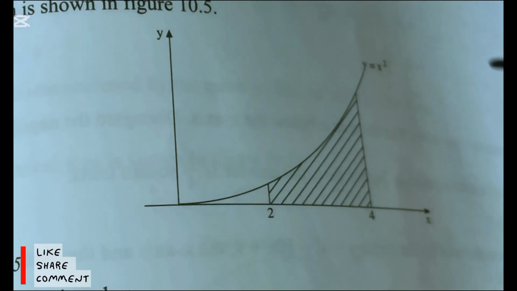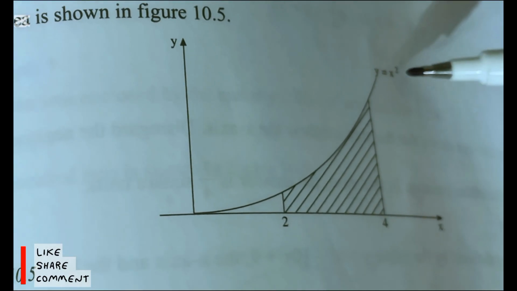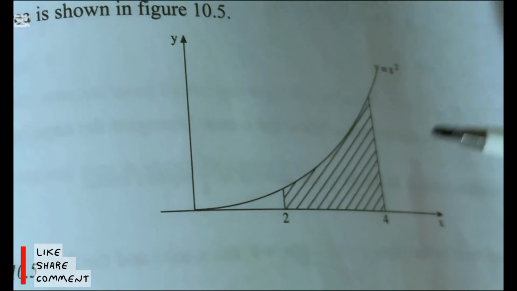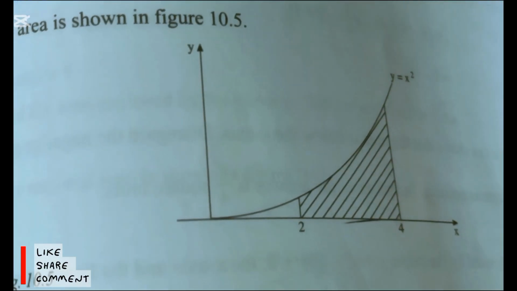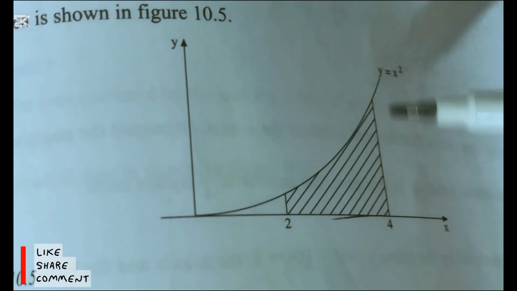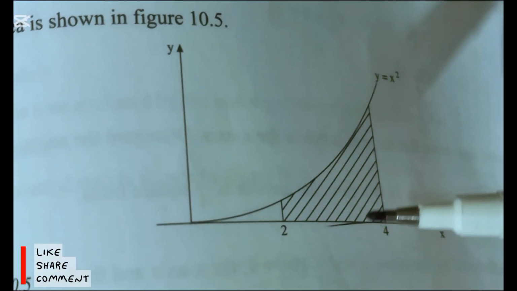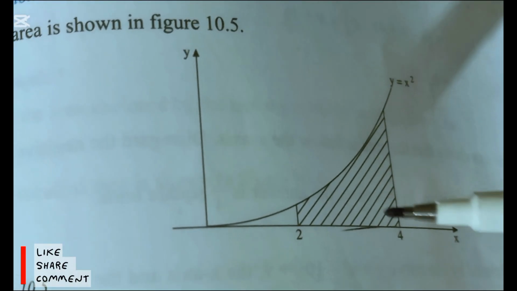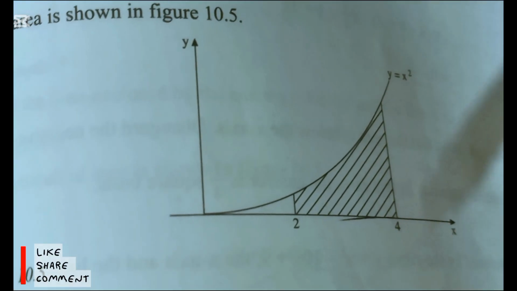We are supposed to find the area under the curve y equals x squared, demarcated by the x-axis and the lines x equals 2 and x equals 4. This shaded region is the area we are supposed to find, and we are going to use integration to solve this problem.